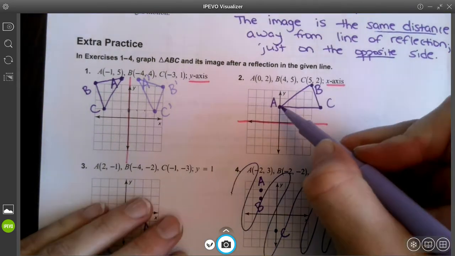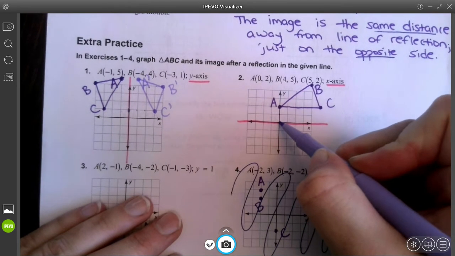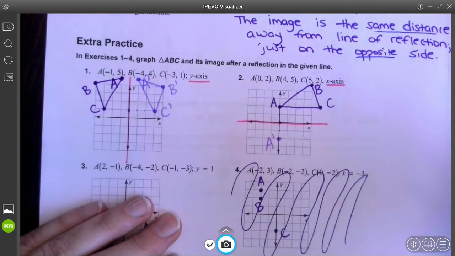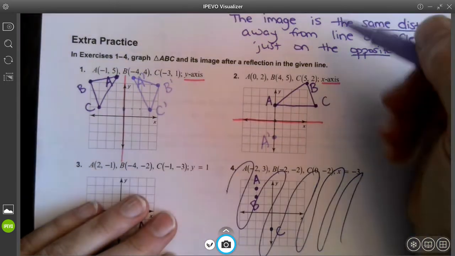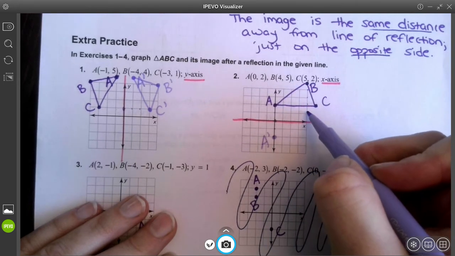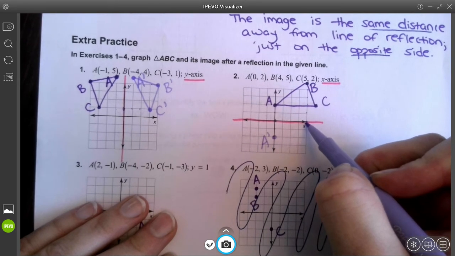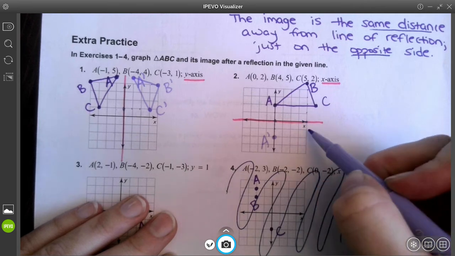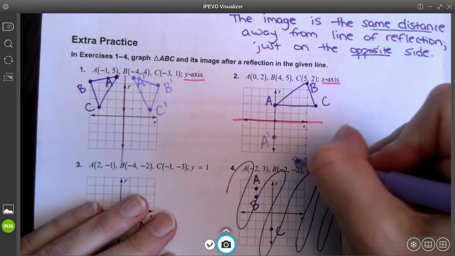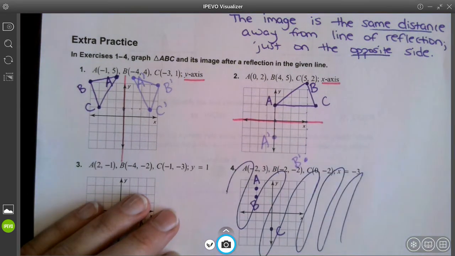So A is 2 units above the line of reflection. So A prime will be 2 units below. B is 1, 2, 3, 4, 5 units above the line of reflection. So B prime will be 1, 2, 3, 4, 5 units below the line of reflection.